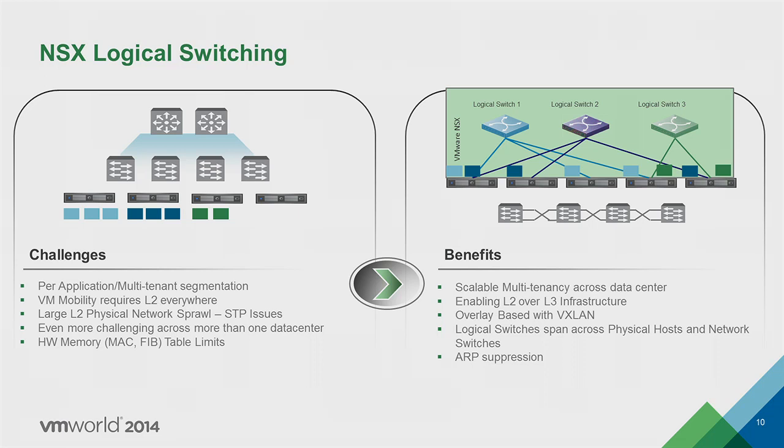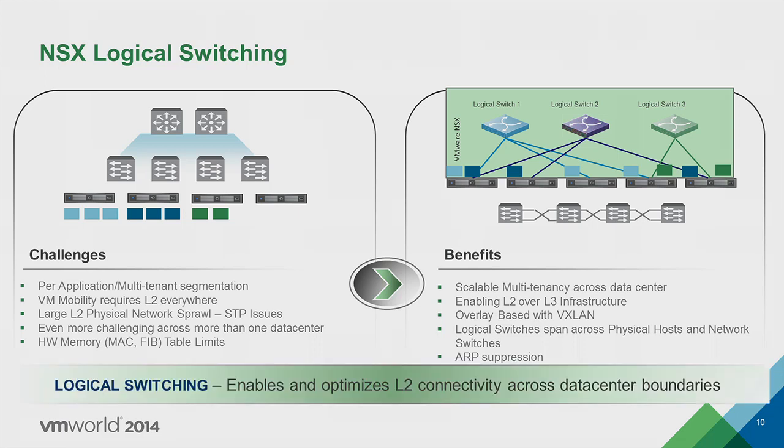Then we can use that control plane query information to populate our local VXLAN tables. And now we no longer need to flood that traffic over the network. So this is obviously an important optimization when it comes to multi-site, because we reduce the amount of replicated traffic that needs to traverse a data center interconnect. So logical switching enables and optimizes our layer 2 connectivity across data center boundaries.